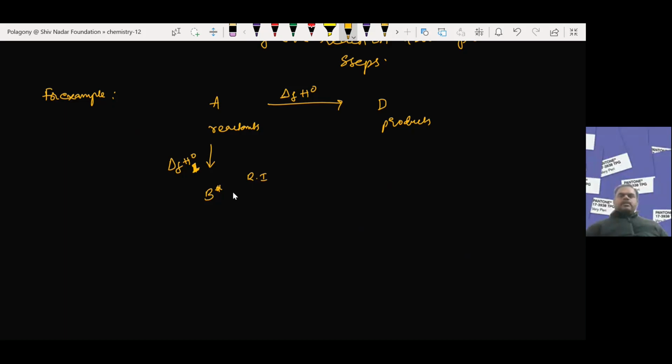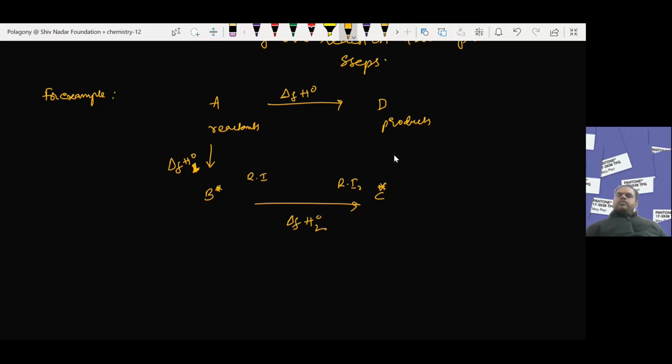If you take the enthalpy formation as 1 in the first step, but B is unstable, it can transform into C, one more reaction intermediate. Then the standard enthalpy formation will be 2.